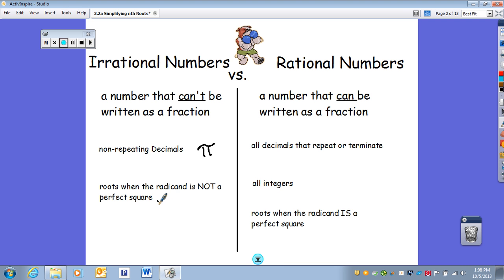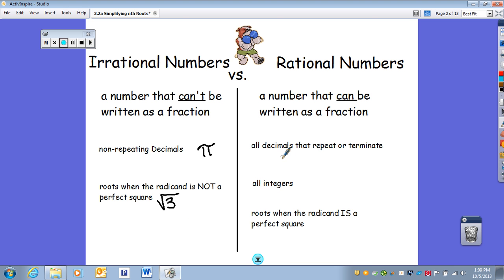For example, the square root of 3, if you were to punch that in your calculator, you would see that it is a decimal that doesn't repeat and it does not end. We also have our rational numbers, and rational numbers are numbers that can be written as fractions. All of these are decimals that repeat or terminate, which means end. They are integers or roots when the radicand is a perfect square.